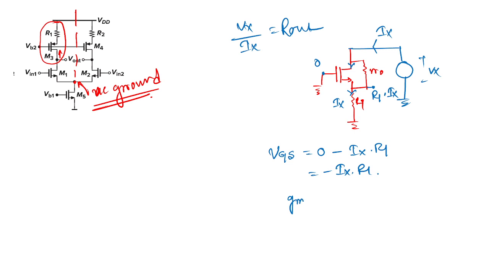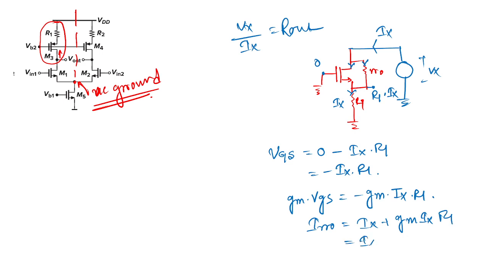Gm times VGS, that is minus Gm Ix R1. What is the amount of current flowing through R naught? It is nothing but I_R0, which is Ix minus Gm VGS, so Ix plus Gm Ix R1. Taking Ix as common, Ix times (1 plus Gm R1). Now we get this current I_R0.